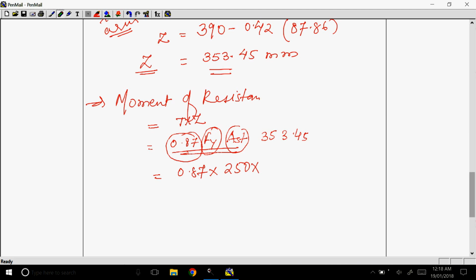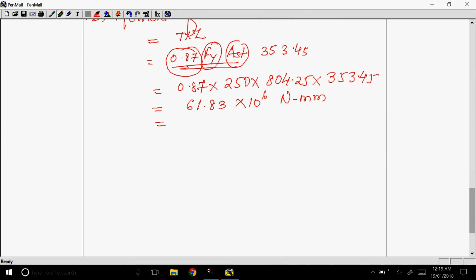We convert it to kilonewton meter by dividing by 10 raised to 6. So the moment of resistance Mu is equal to 61.83 kilonewton meter.